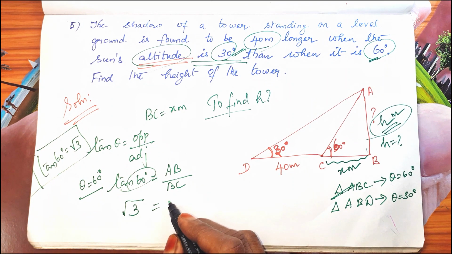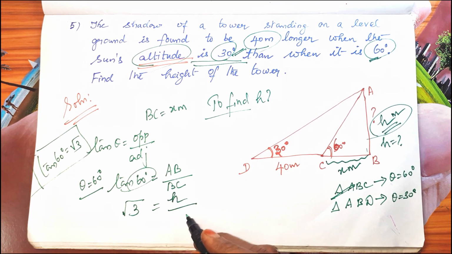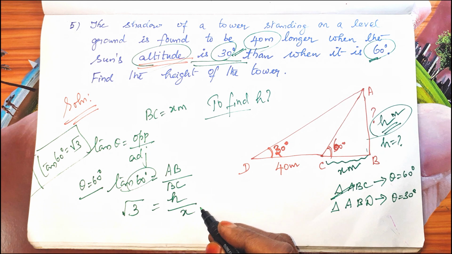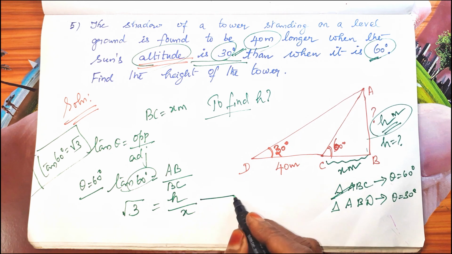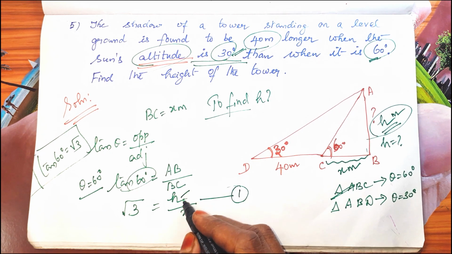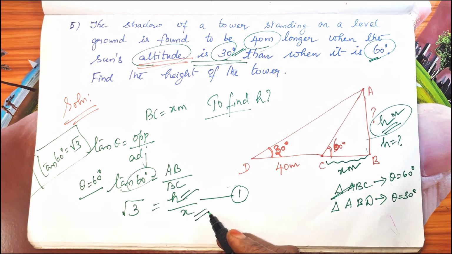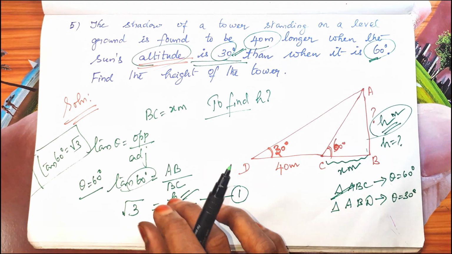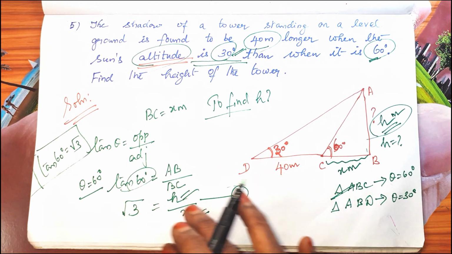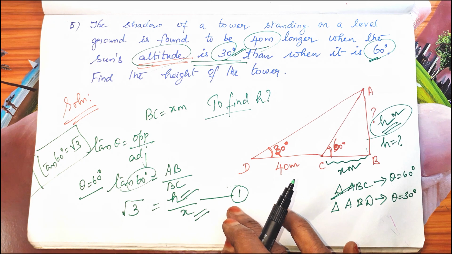On the right side AB we have taken as h and BC we have taken as x. So root 3 is equal to h by x. Take this as equation number 1, because both h and x are not known.